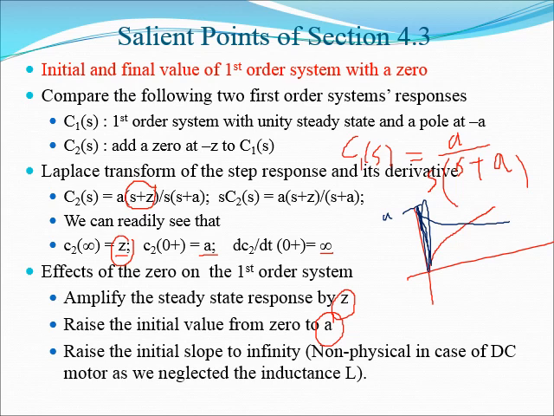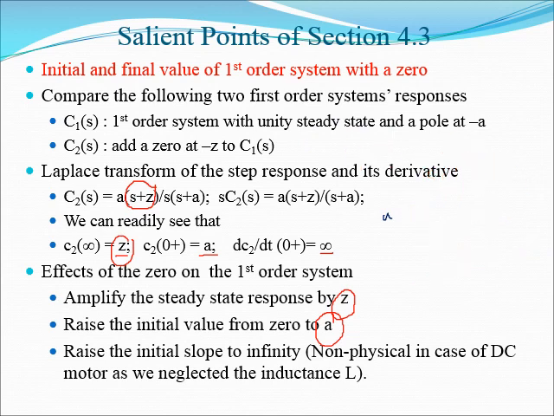But it's not practical because we have made some mistakes or some simplification in our model. For example, for a DC motor, we had a first order model, and that was the result of neglecting the inductance of the armature.